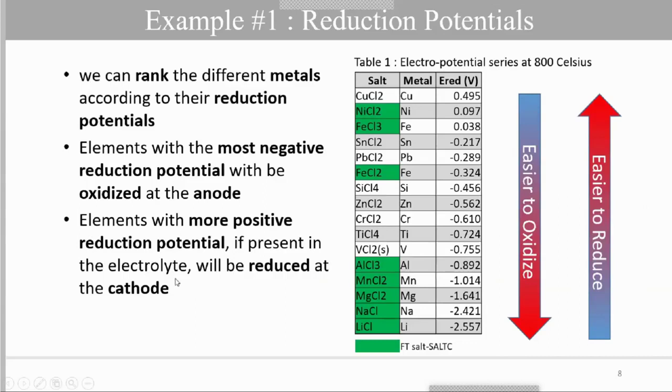And on the contrary, the elements with the more positive reduction potential, if they are present in the electrolyte, which means in their salt form, will be reduced at the cathode first. So let's say that we have a certain salt that has sodium chloride, lithium chloride, magnesium chloride, and aluminum chloride. The aluminum would come out first, according to the standard potential.